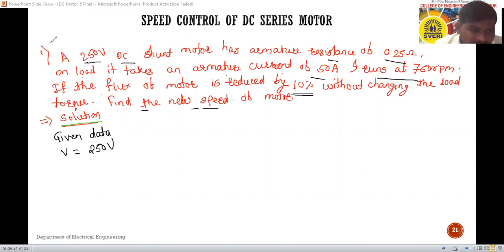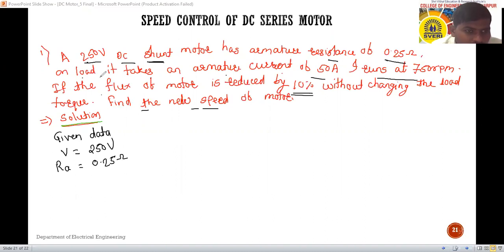See, given data: the supply voltage or the terminal voltage of the motor is 250 volt. Which motor is there? A DC shunt motor. It has an armature resistance of 0.25 ohm, so RA is given as 0.25 ohm.